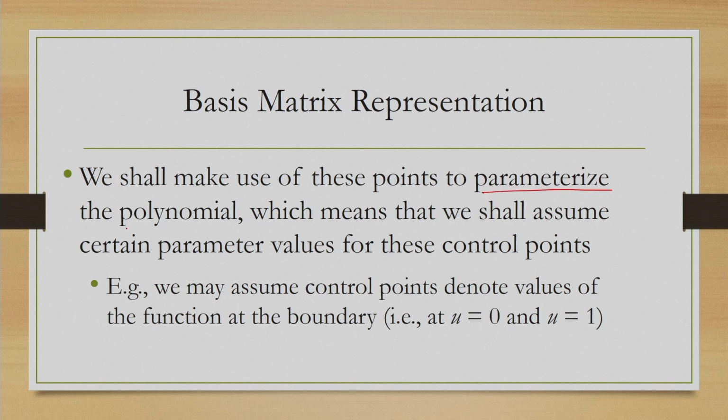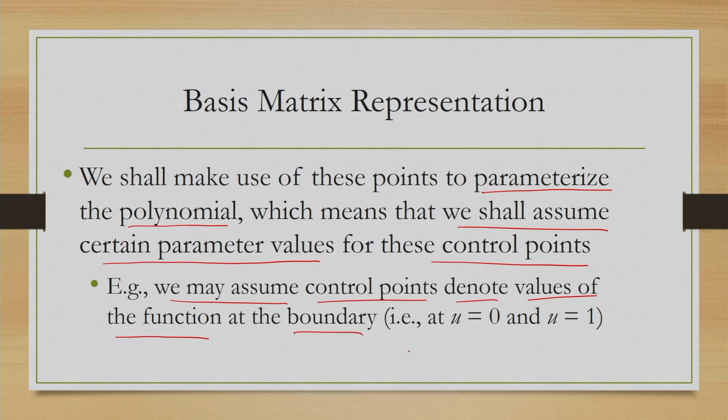In other words, we shall assume that certain parameter values are there for these control points. For example, we may assume the control points denote values of the function at the boundary, where we can define the boundary as the points where the parameter takes the value 0 and 1.